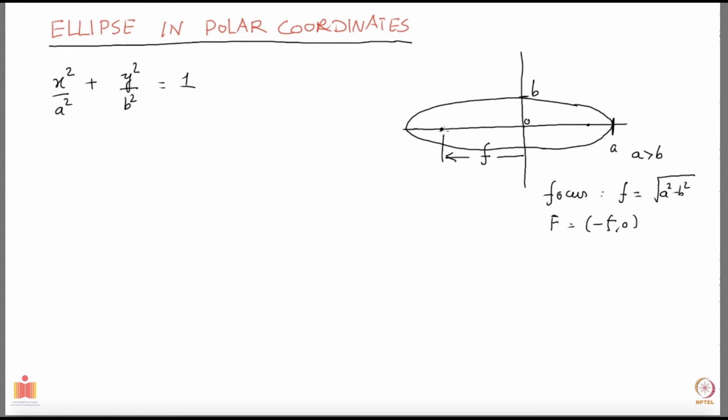Our focus is at minus f comma 0. So I'm looking at this one right now. Now I will call these x and y coordinates x0 and y0, because I want to shift my coordinate system to here. I want to shift the y-axis to this point.